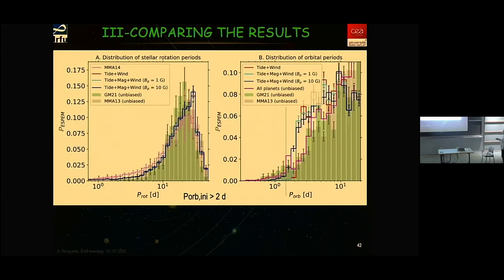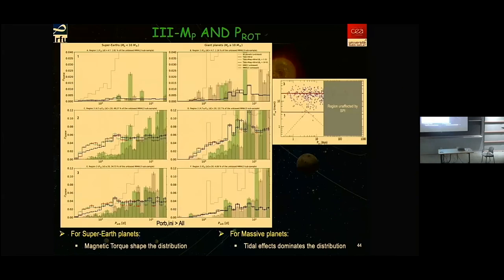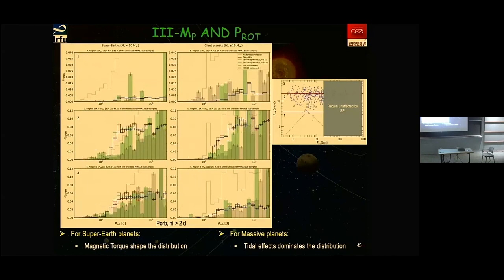If we remove all planets that are inside 2 days, again, we start to populate here, but it's not yet enough. We can cut this and do it in different places. We can cut at 10 days, with small planets, big planets, so we can make different things, but in all the cases, what we have is that there is something missing in the models.